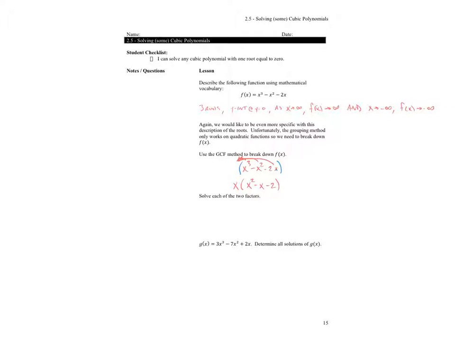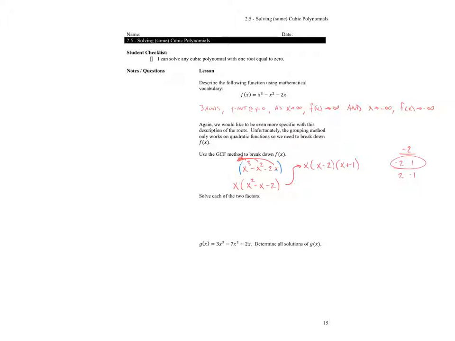And from that point, I could then just look at this piece as a quadratic with an a value of 1. So I'm going to look at factors of negative 2 and 1, or 2 and negative 1, that also add to negative 1. So I want these two. So then I'm going to replace that with x minus 2 and x plus 1.